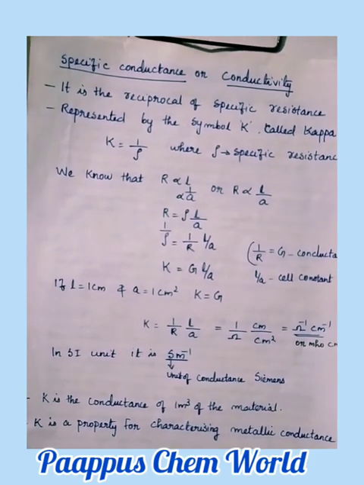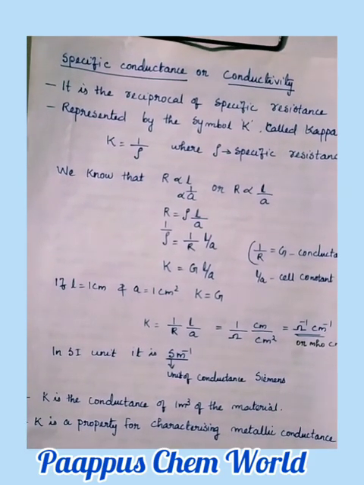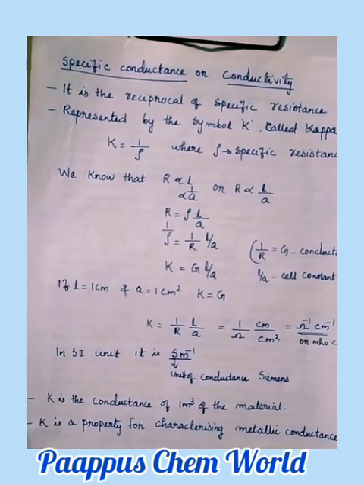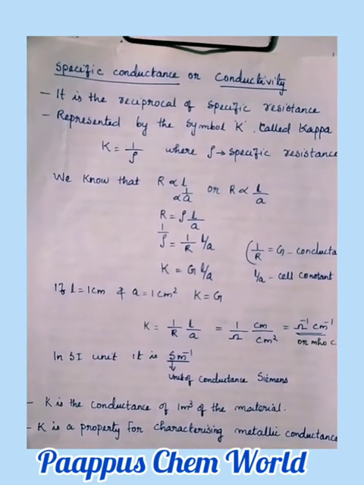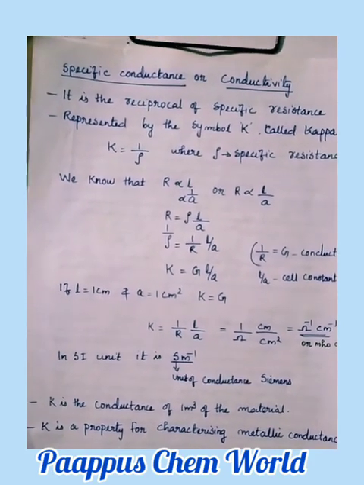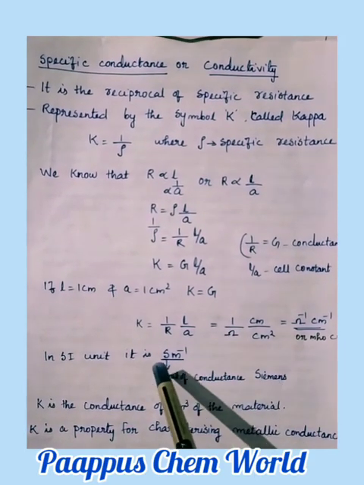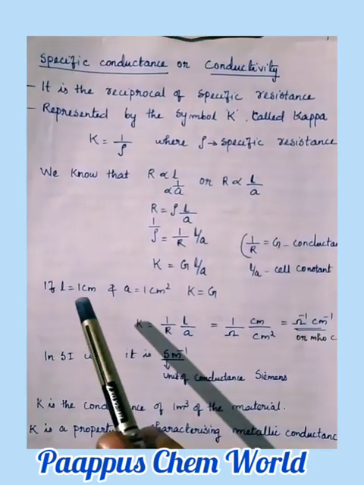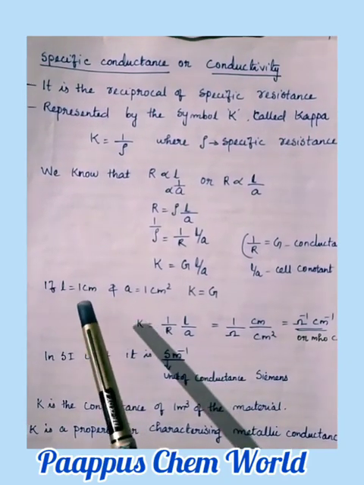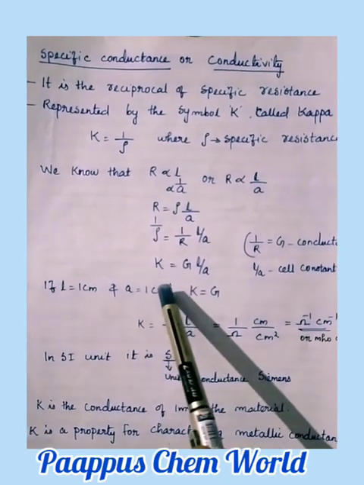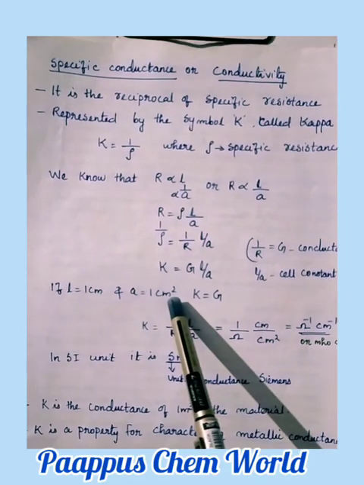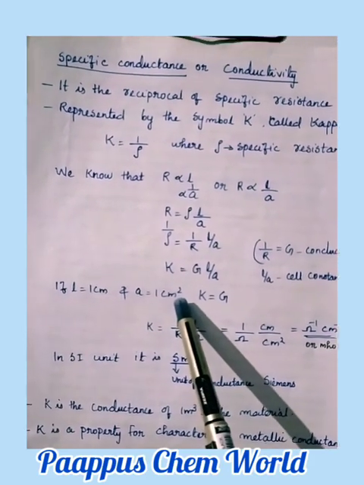The conductivity or specific conductance of an electrolytic solution is defined as the conductance of a column having unit length and unit area of cross section. Here we represented the length and area in centimeters.